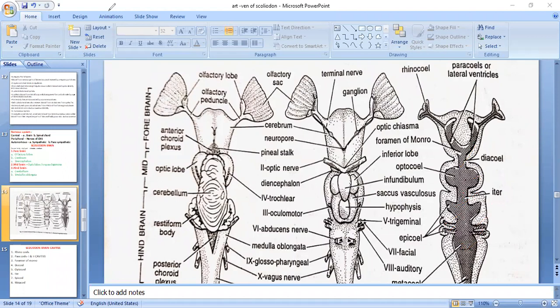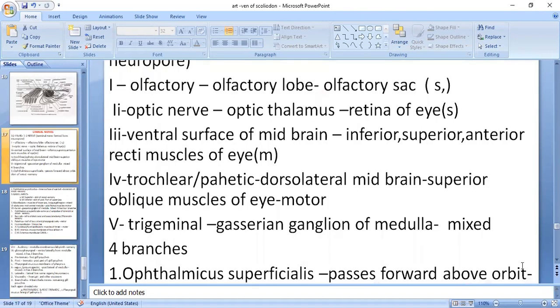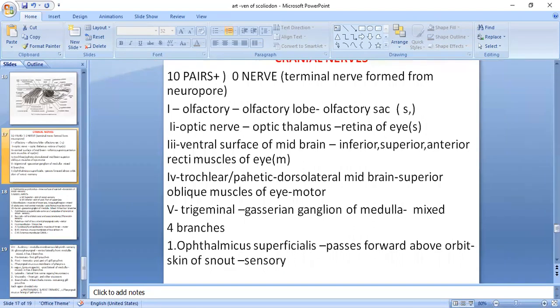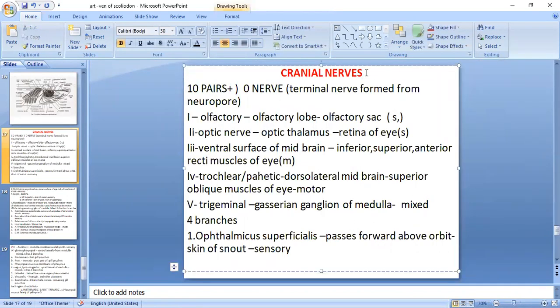And then let's go to cranial nerves. Cranial nerves are the brain nerves, produced directly from the brain.